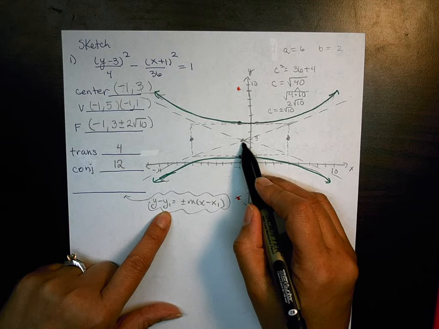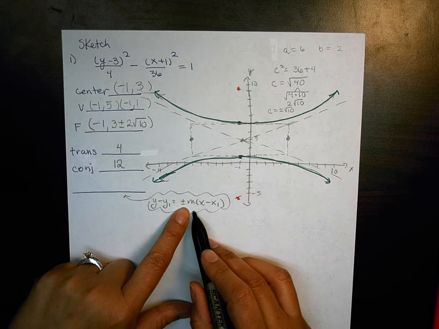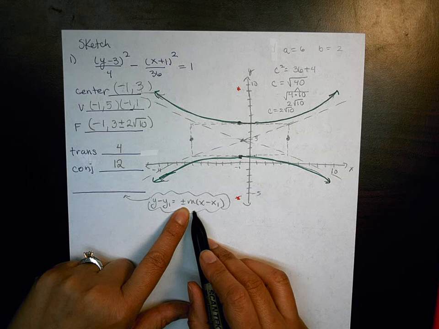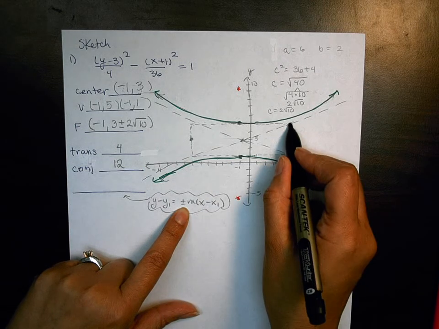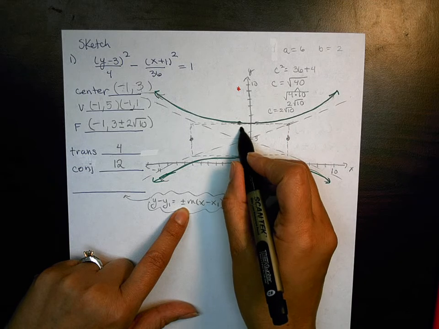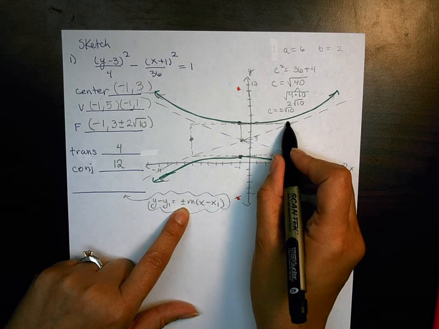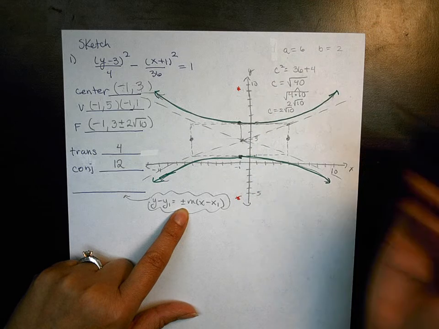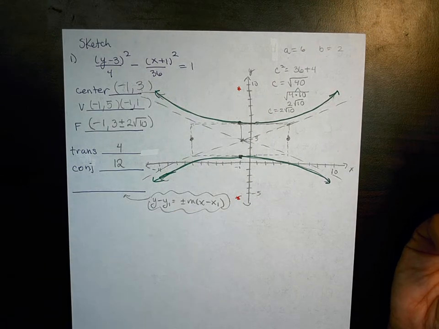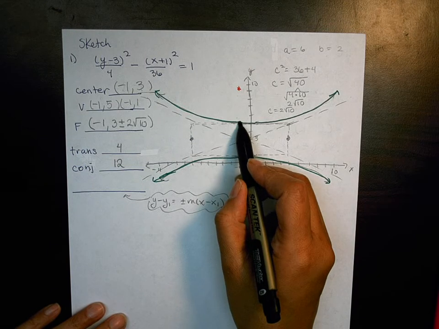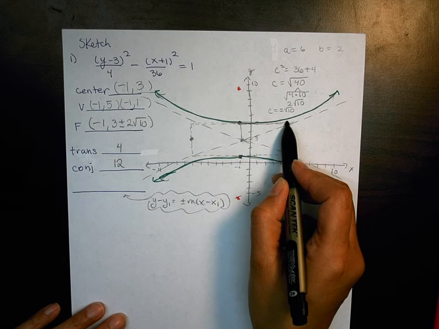The slope, I use b over a. Why b over a for the slope? Because from this point to that corner, I rise 2 and I run 6, which happens to be b over a. Will it always be b over a? Yes, it will. I will always rise the b value and run the a value. Does that make sense?